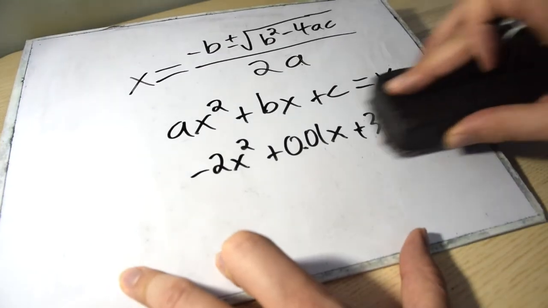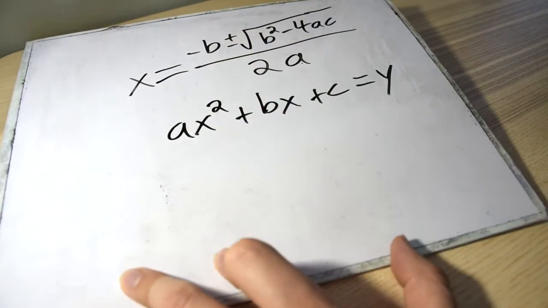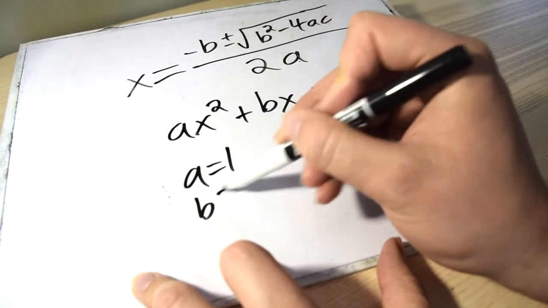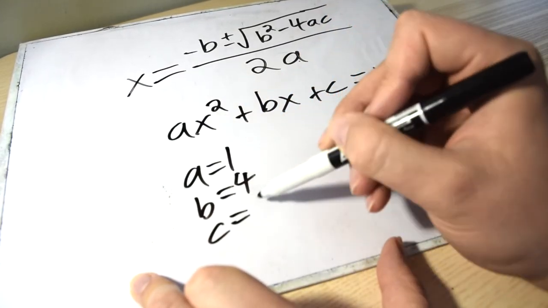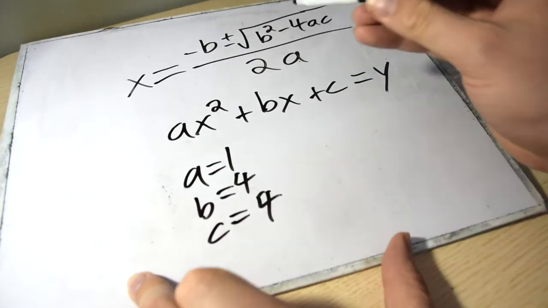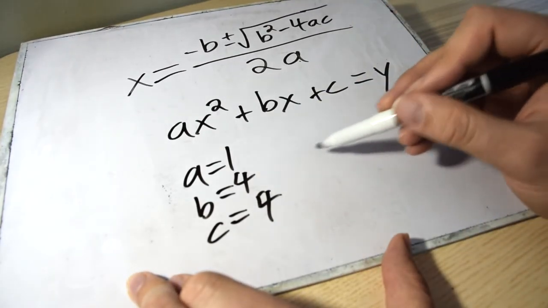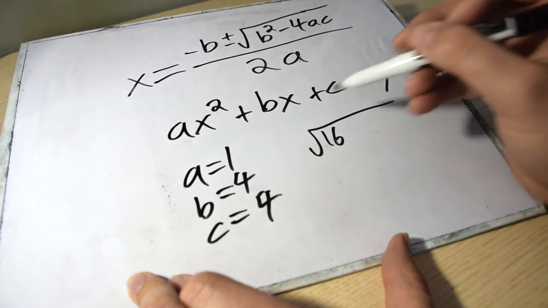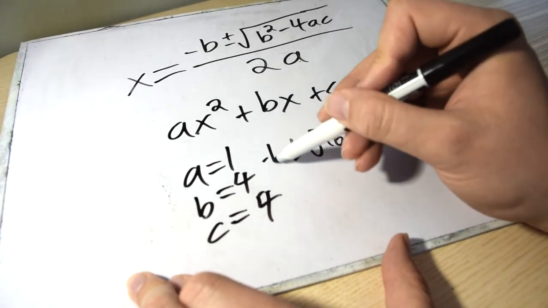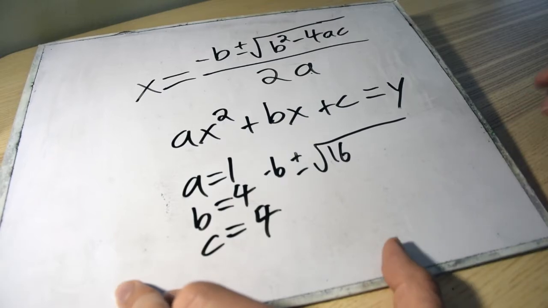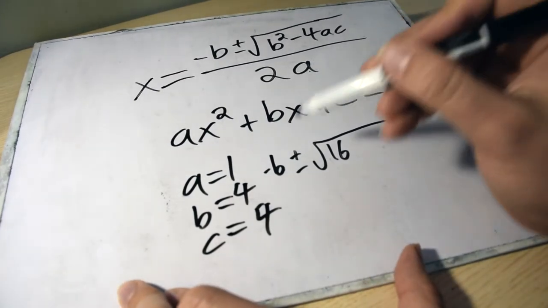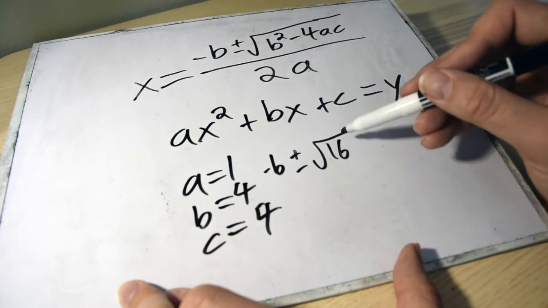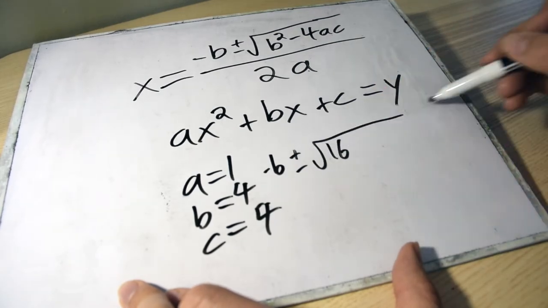And so super quick, in the question that I gave you, where a equals 1, b equals 4, and c equals 4, you'll see I gave you these on purpose, because b squared is 16. Let's do it in that space there first. Alright, so we've got negative b plus or minus the square root of all of this stuff.